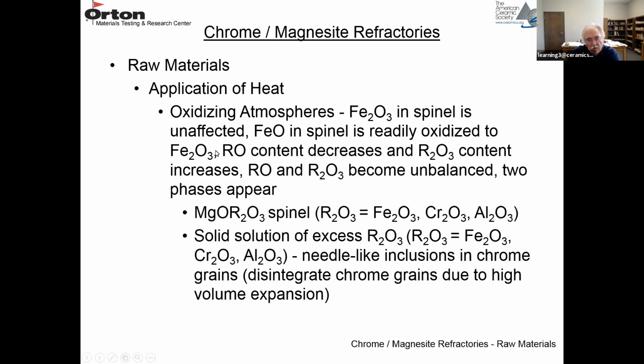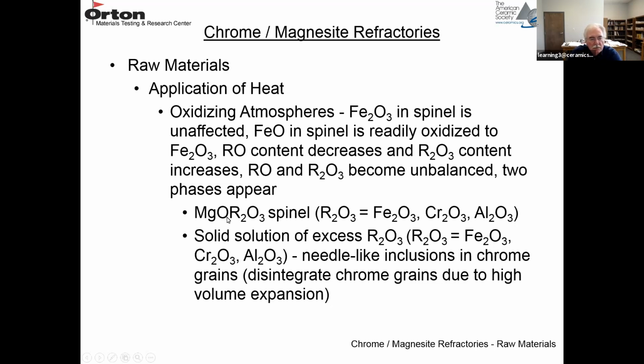So that decreases the RO content and increases the R2O3 content in these spinels. It becomes unbalanced, and then two phases appear. So you have more R2O3 than RO, so the spinel is unbalanced.